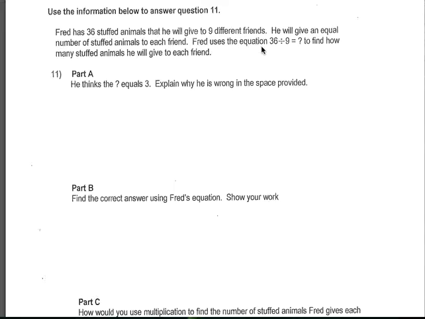Fred uses the equation 36 divided by 9 to find how many stuffed animals he will give to each friend. Part A, he thinks the number equals 3. Explain why he is wrong in the space provided. So in this space, you're going to tell us why Fred was wrong.